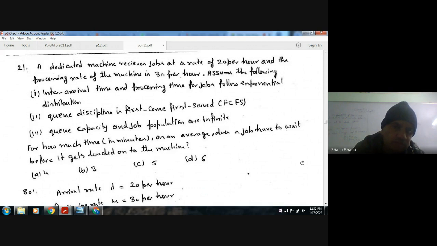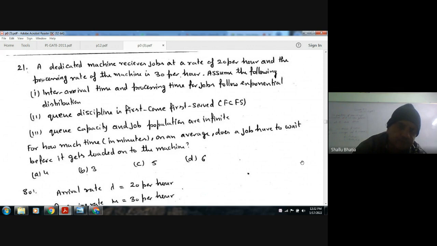Queue discipline is first come, first served. 3. The queue capacity and job population are infinite. For how much time in minutes on an average does a job have to wait before it gets loaded on the machine? Option A 4, option B 3, option C 5, and option D 6.